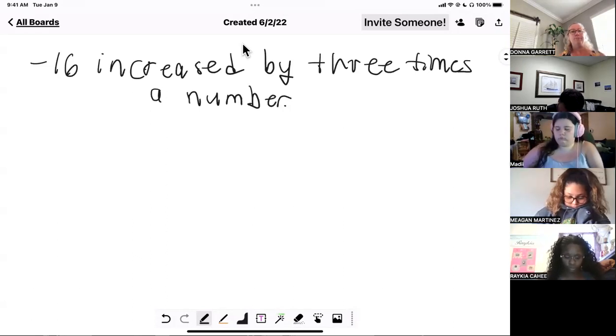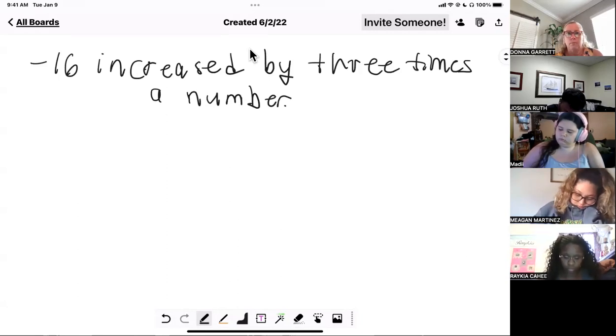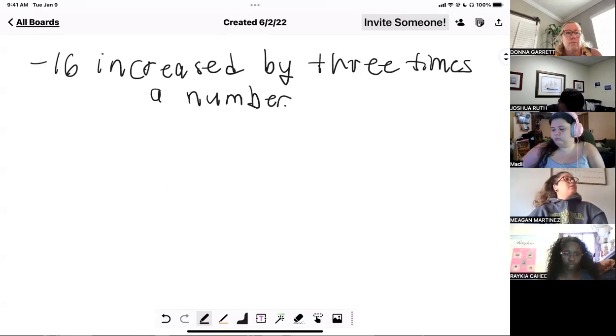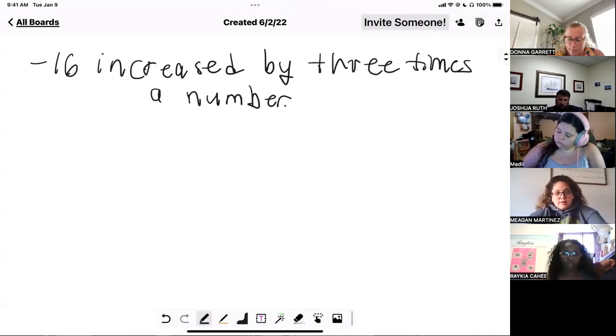Last one. All right, negative 16 increased by, add 3 times the number, 3x.